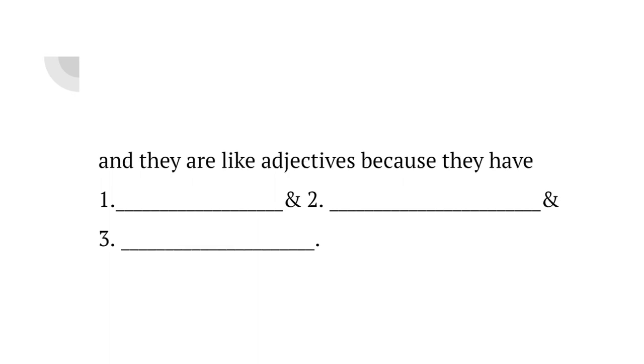This is something you know, I'm sure, off the top of your head with a little bit of prompting. Our verbal adjectives are like verbs because they have tense and voice, and they are like adjectives because they have these famous three qualities: gender, number, and case. Gender, number, and case. You see the gender, number, and case by the ending that is on the participle. That shows you which noun it goes with, right? Because adjectives always pair with nouns.